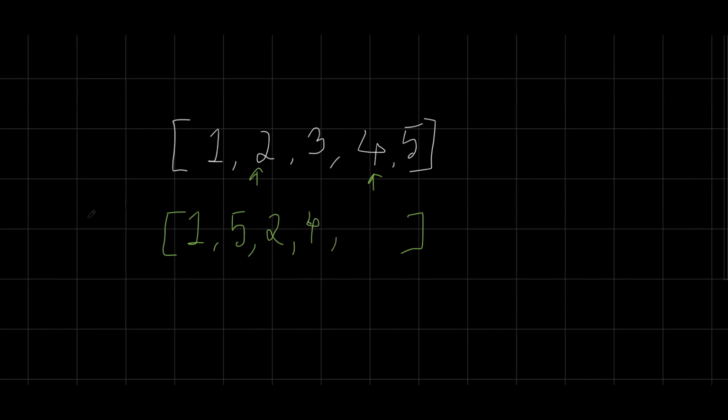Now we again update the pointers. If we update them, both pointers will point to the element 3. So we add 3 here finally. Now this is the original array and this is the rearranged array using the two pointers mechanism.